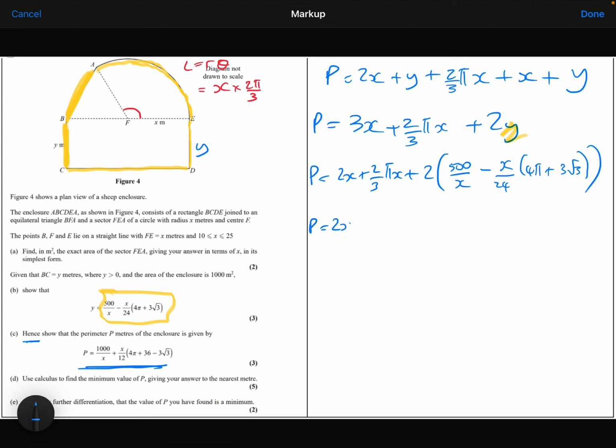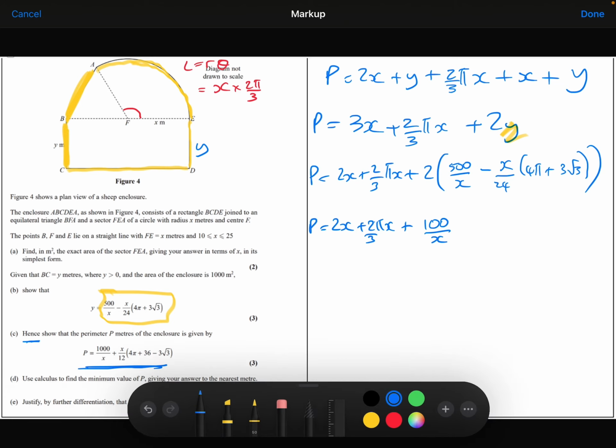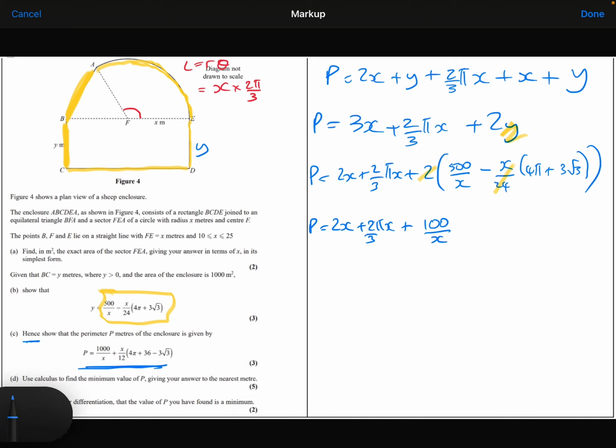So let's expand those brackets. So 2 lots of the 500 over x is 1000 over x. And then 2 lots of the minus x over 24, so timesing these together would be minus x over 12. And I'll leave that bracket there for now.